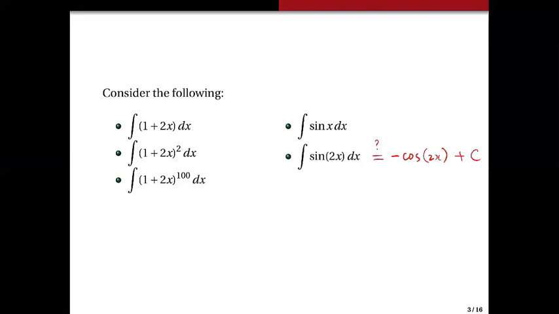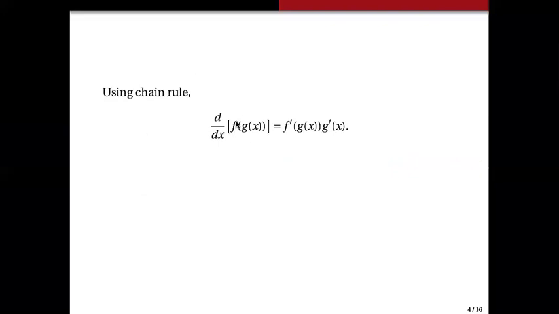Well, the answer is no. This is not the answer. We will see later that there's more to this. So in these cases, this guy here and this guy here, we will need a new method for integrating definite or indefinite integrals. That's our substitution rule.